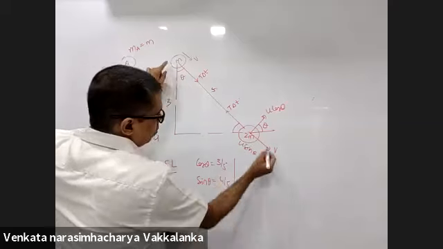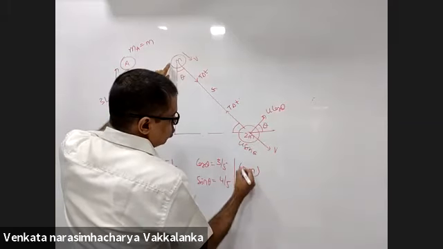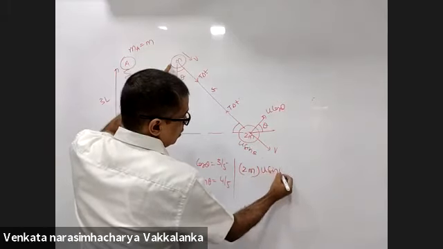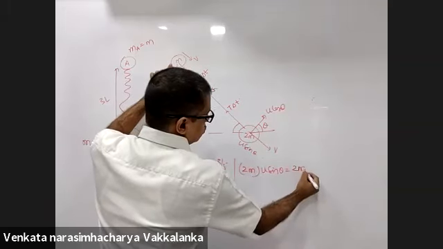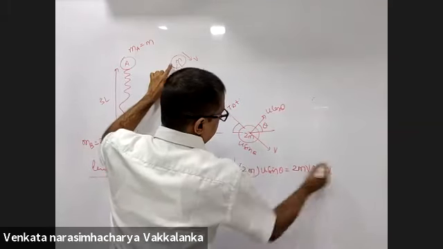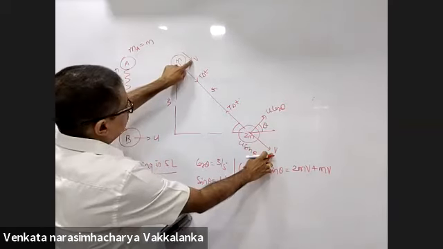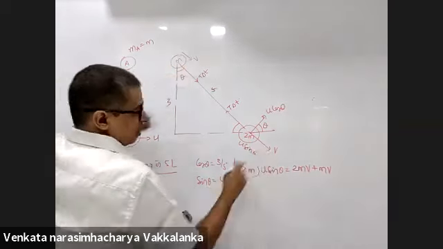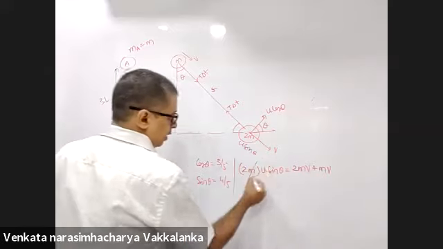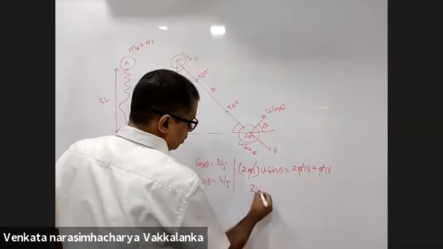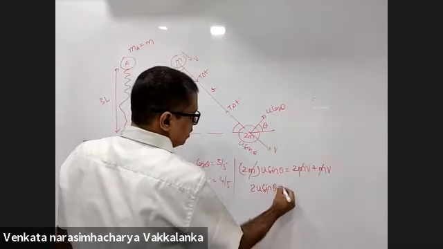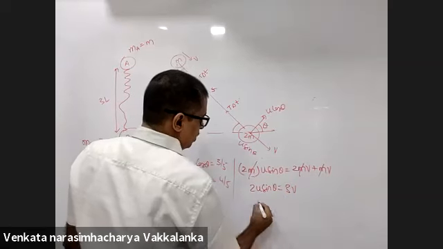So initial momentum in that direction is 2m into u sin theta. Final momentum is 2m into v plus m into v. M gets cancelled out. 2u sin theta is equal to 3v.